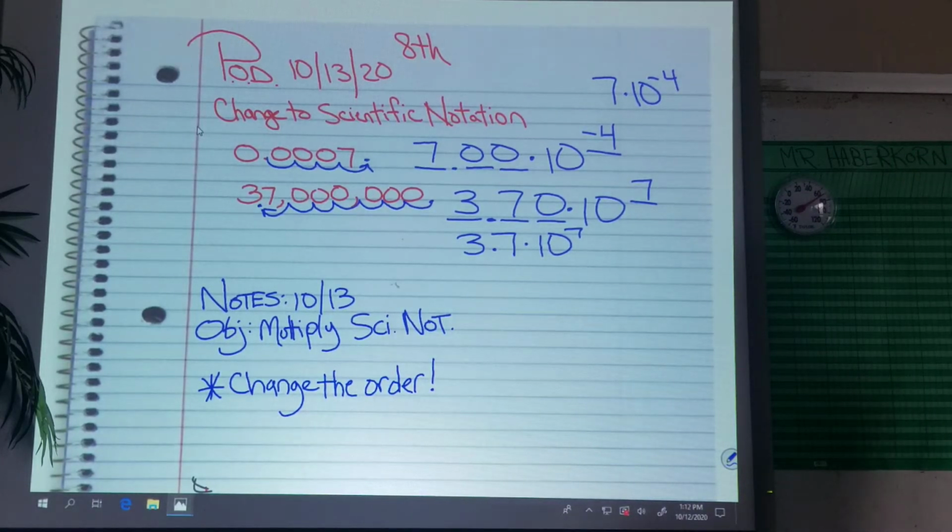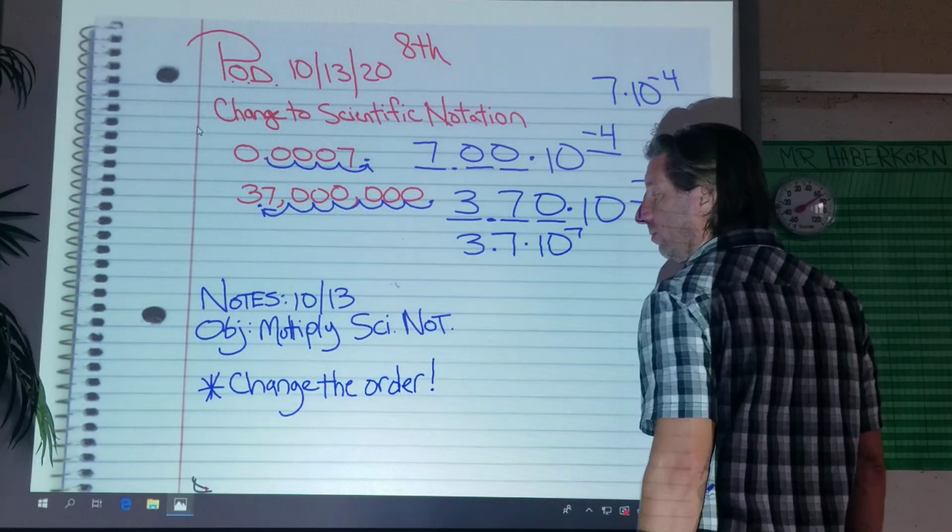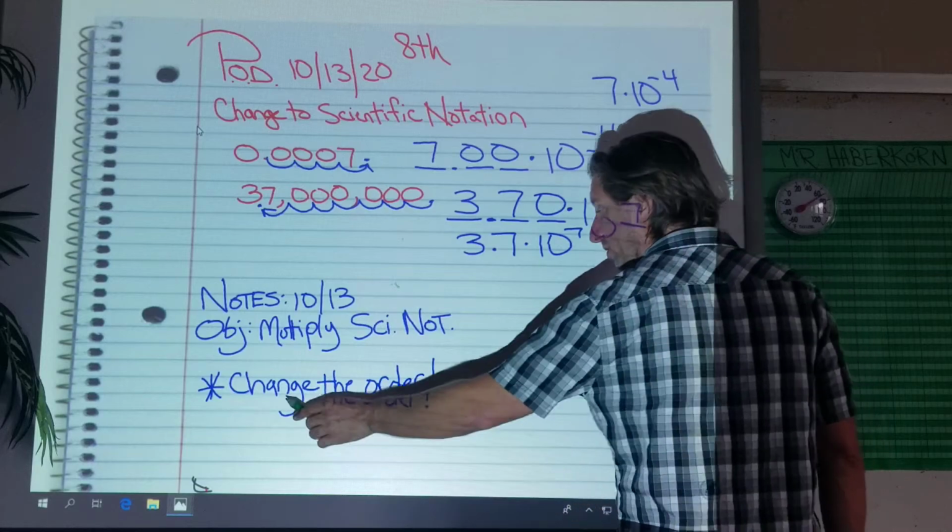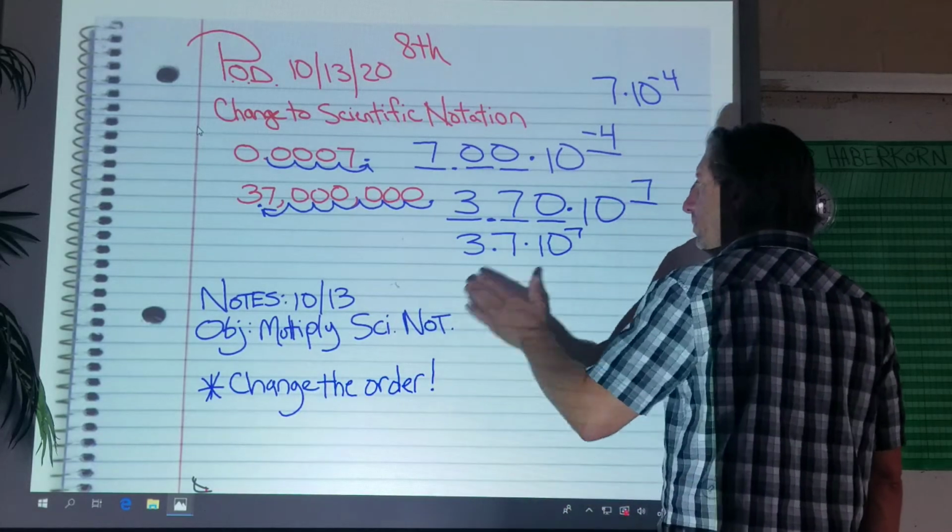All right, next, today, we're going to learn how to multiply numbers that are in scientific notation. And the way we do that is called changing the order. And I'll show you what I mean by that in a minute.